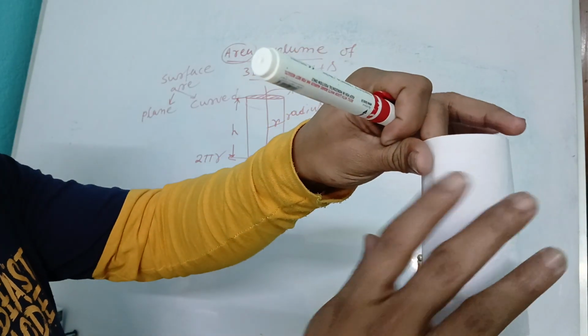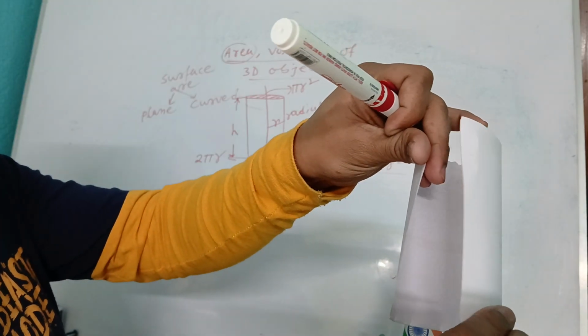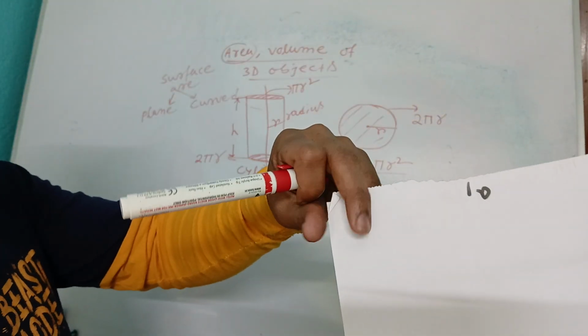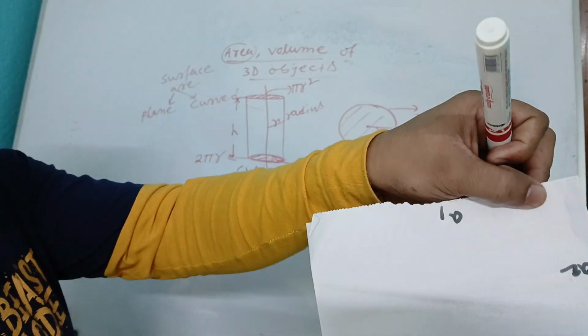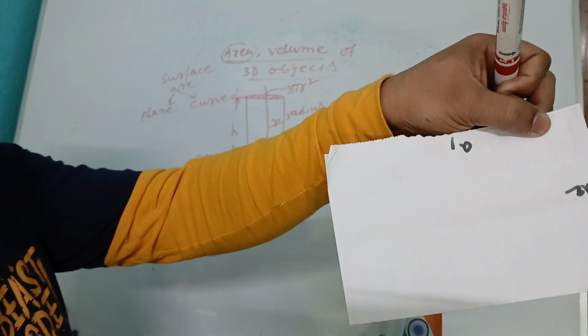Now this is the actual surface, just in a different shape. Now let me convert it into a normal sheet. So we are getting this part is h, and this length is 2 pi r.